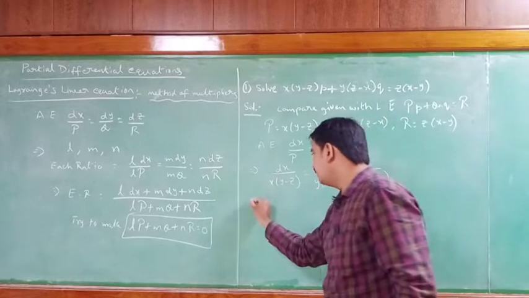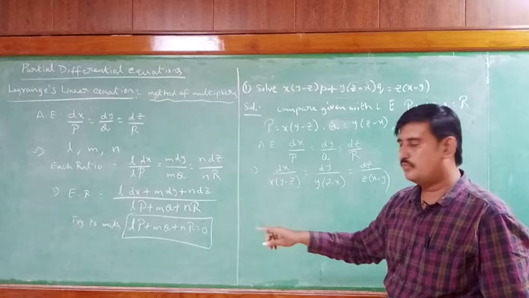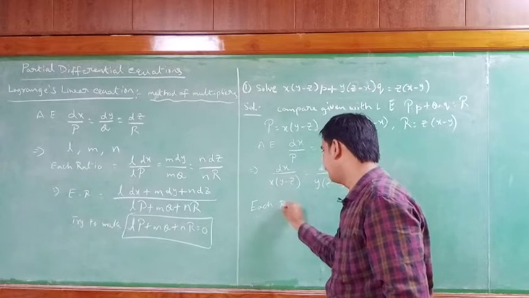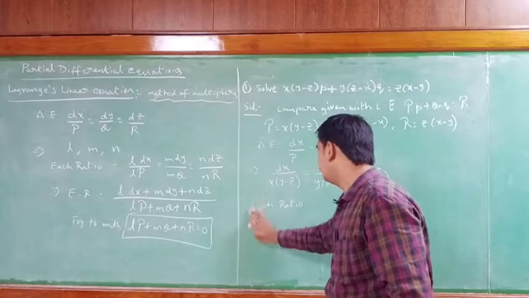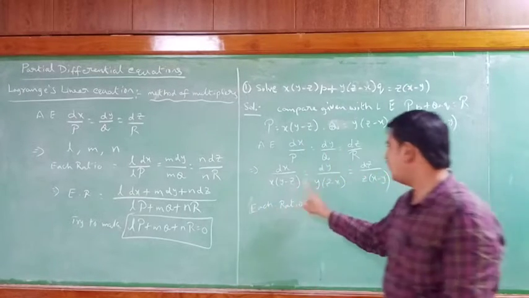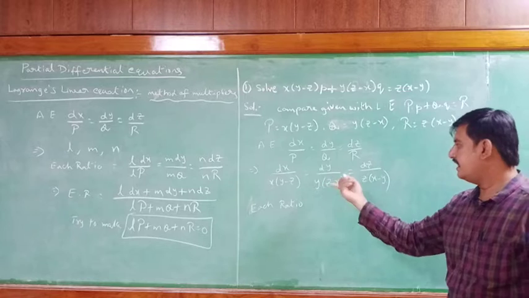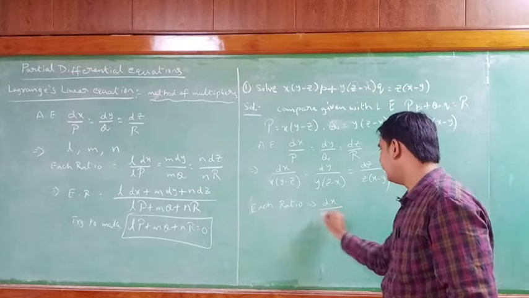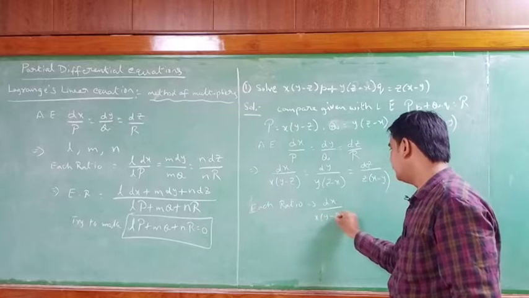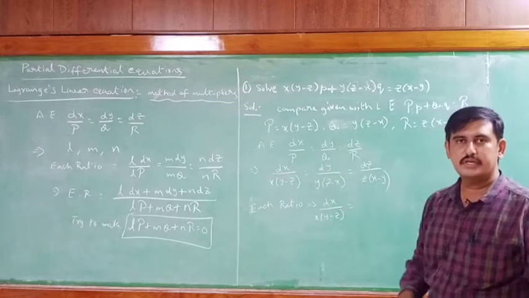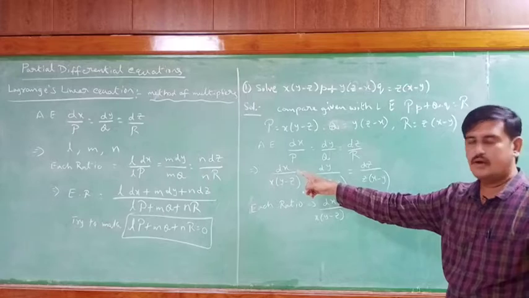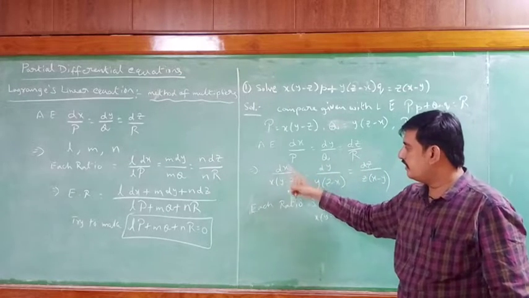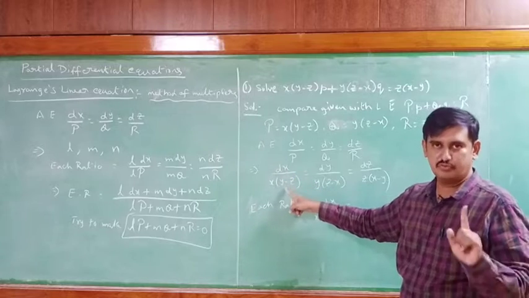So using the method of multipliers, what I am doing, each ratio, that means 1, 2, 3. You can write any one, each ratio. For example, you take any one, x into (y minus z) is equal. Now I am simply adding all the numerators and all the denominators, or multiplying numerator and denominator with 1.